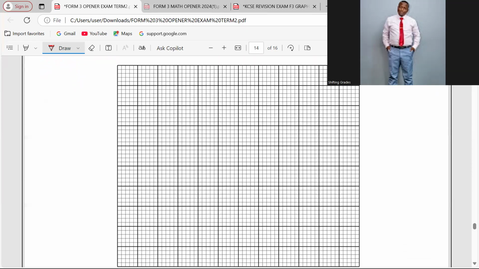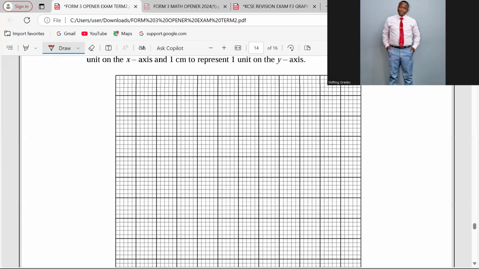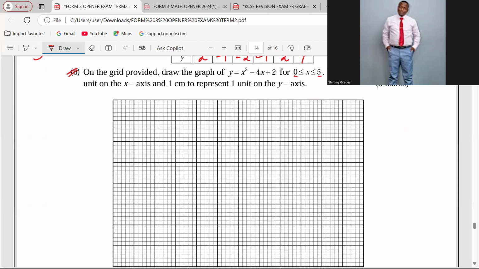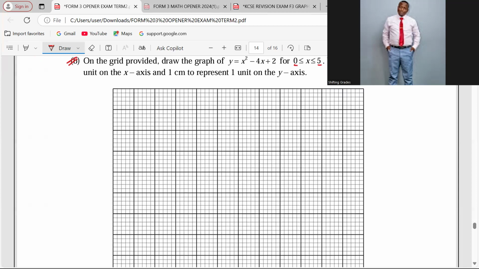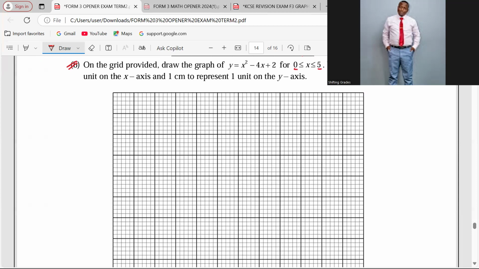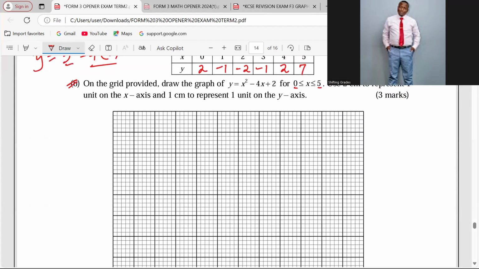Therefore, the scale has been provided. For the y-axis, 1 unit is represented by 1 centimeter, but on the x-axis, 1 unit is represented by 2 centimeters.